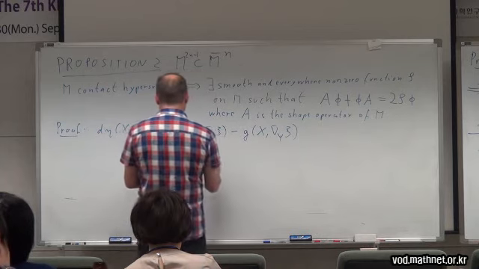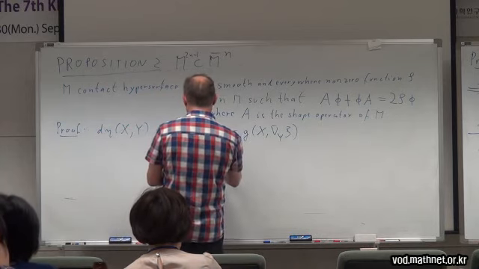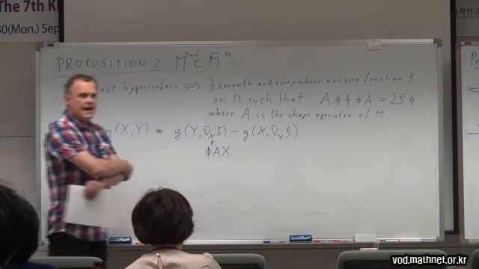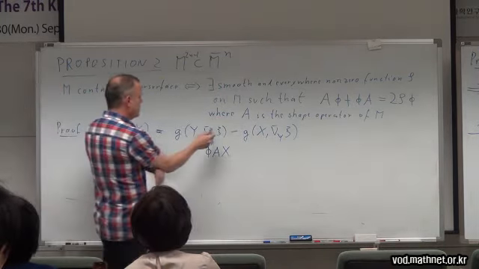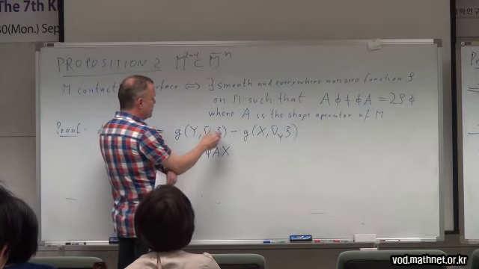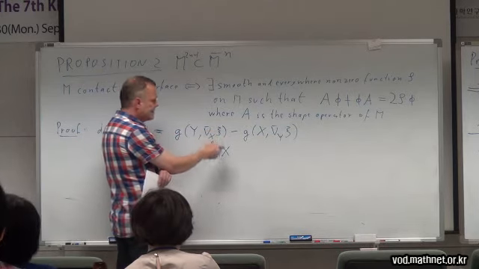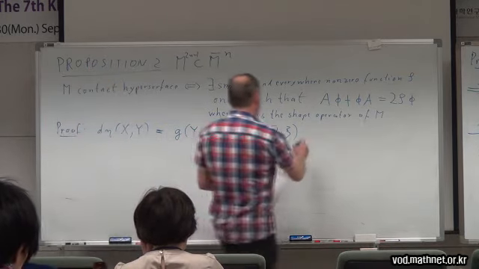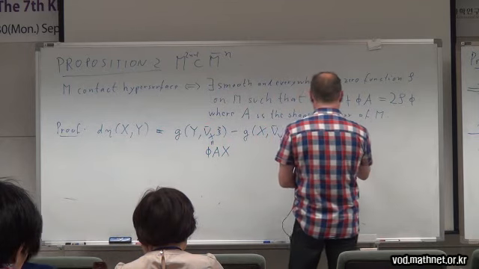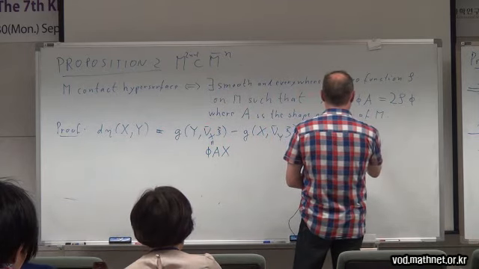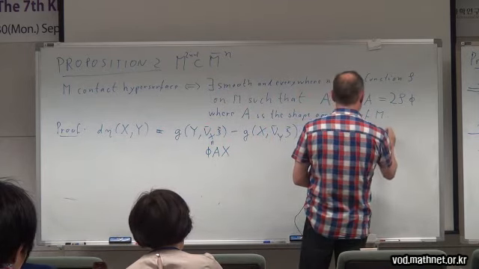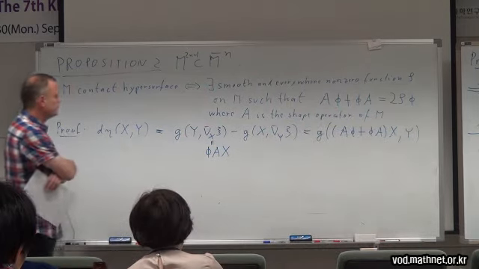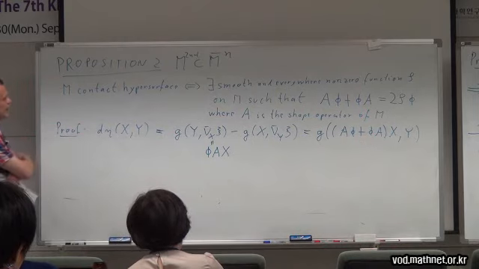So what we get is that this here is just phi times A times X. We pull out the J here, then we have the covariant derivative of the normal vector with respect to X, and this gives us the shape operator. So you put this together. So this is g of (A phi plus phi A)X, Y. And then you see straight away the relation.